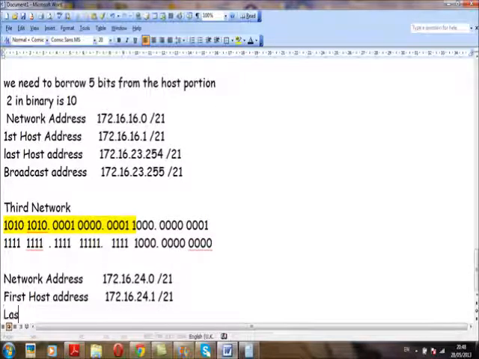Then the next one is the last host. What do I need to do for the last host? Other than the last one. Okay, let's do it. So we're going to put 1, 1, 1, and then we've got 7 ones and a 0.